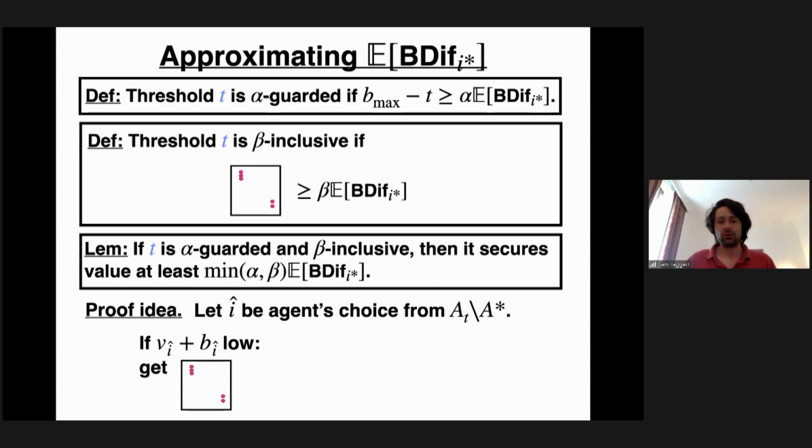So let's look at the thing that the agent chose, or rather, let's look at the agent's favorite thing from the threshold set that isn't also in opt. So this is like their favorite new action. If they don't like that favorite new action very much, then they're going to pick something that they would have picked in opt. Great. Our threshold is beta inclusive, so there's lots of good stuff for them to pick from.